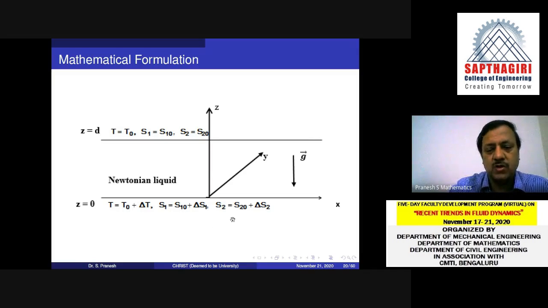S1 and S2 are the two solutes, and we are heating from below because the temperature at the lower plate is more than at the upper plate. Similarly, both the solute concentrations are more at the lower plate compared to the upper plate, which means that we are heating from below and salting from below. And this is a time periodic gravity, which we call G jitter or gravity modulation.